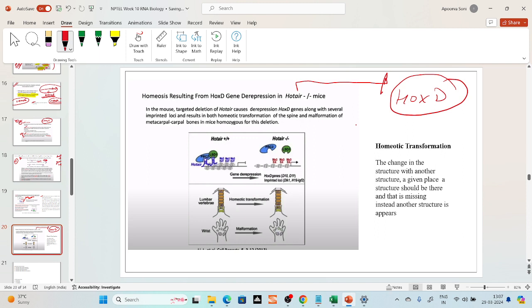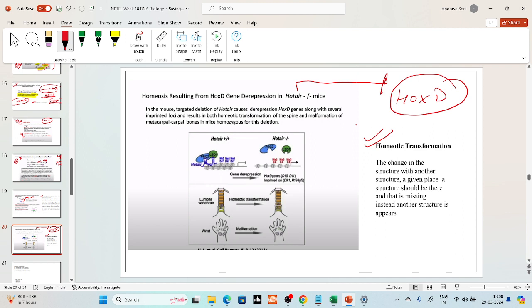De-repressed means it is not getting repressed. So there is de-repression of HOX-D, and this will result in homeotic transformation, which is a deleterious consequence. So, in the mouse, targeted deletion of HOTAIR causes de-repression of HOX-D.